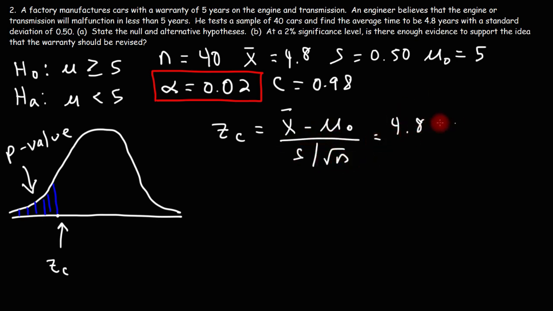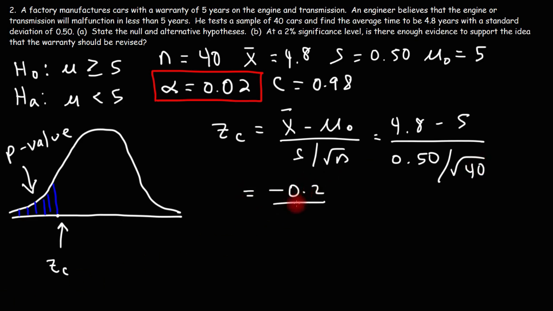So the sample mean is 4.8, mu naught is 5, s is 0.50, n is 40. 4.8 minus 5 is not -2, but -0.2. 0.5 divided by the square root of 40, that's 0.07906 approximately. So our calculated z-value is about -2.53. So we can put this number here.